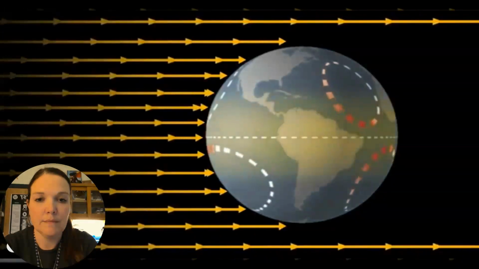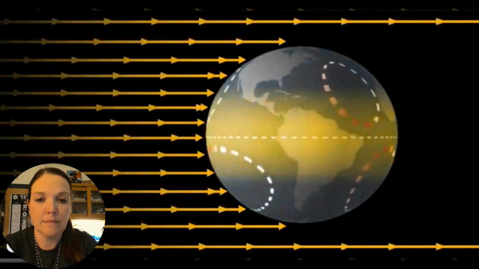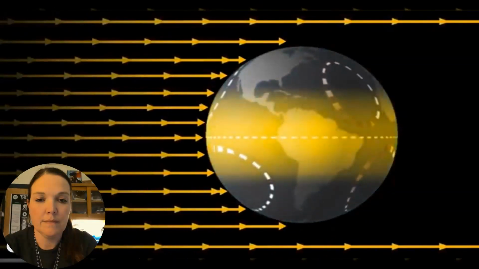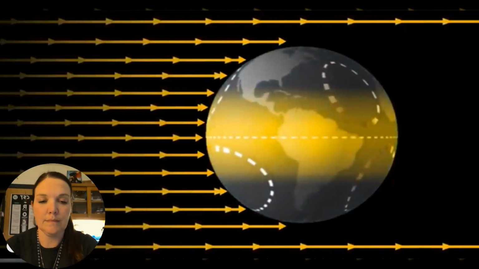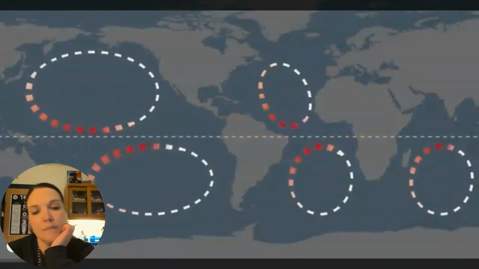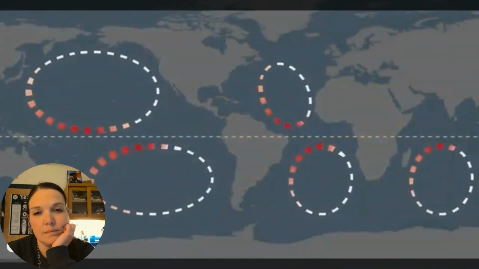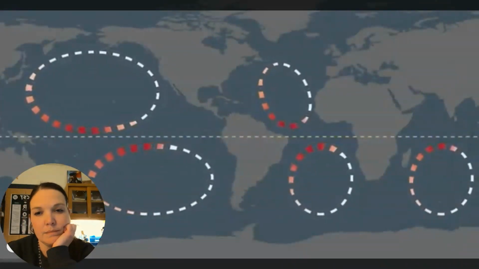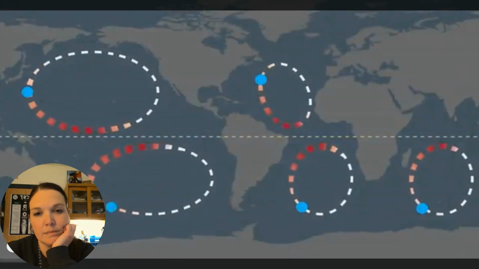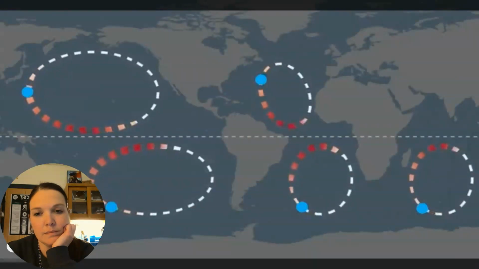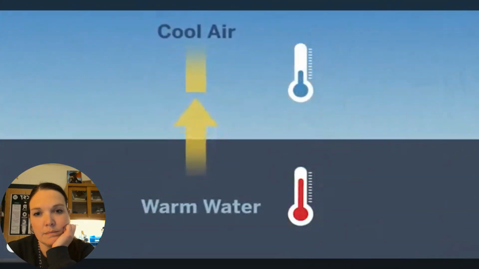Because of this, a lot of energy is transferred to the water at these locations, making the water very warm. As an ocean current of warm water moves away from the equator, along its path are places where the air temperature is colder than this warm water. In these places, energy transfers from the warm ocean water to the cooler air, increasing the air temperature.